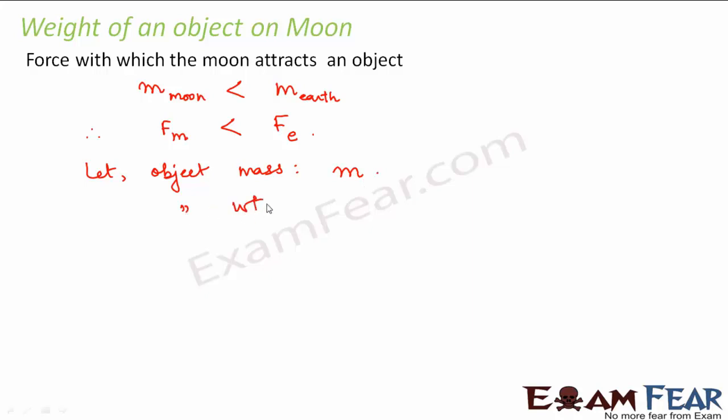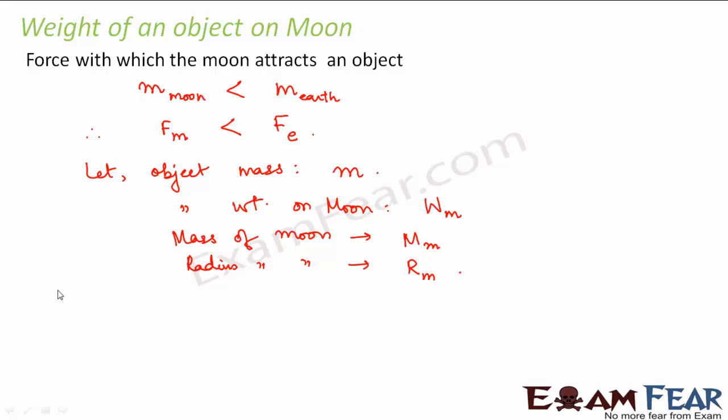Now let us also assume that the object weight on moon is denoted by Wm. Right? Mass of moon is denoted by Mm and radius of moon is denoted by Rm. So what would be the weight of the object on the moon?